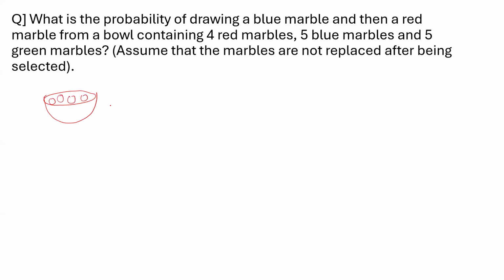You have 4 red, 5 blue, and 5 green balls, right? These many balls are there. So how many balls do you have in total? 4 plus 5 plus 5, that means 14 balls.